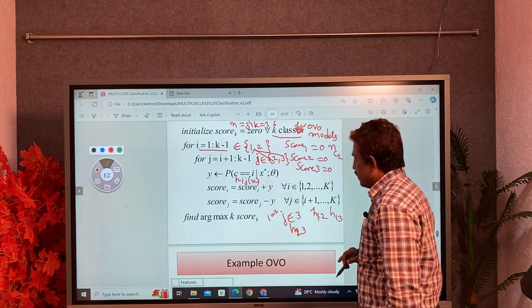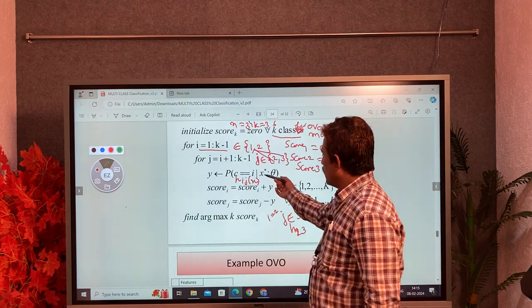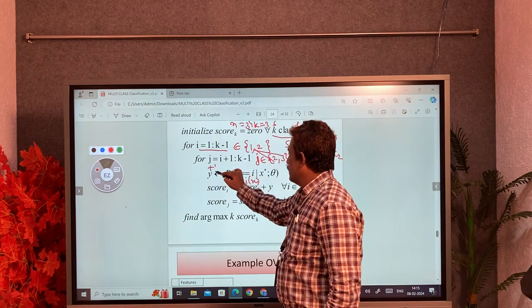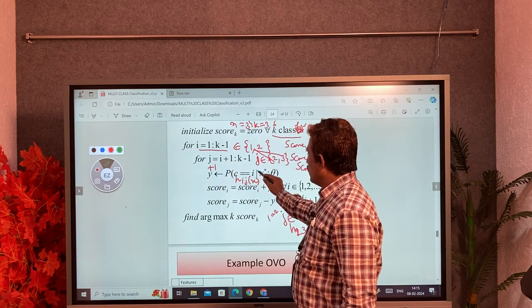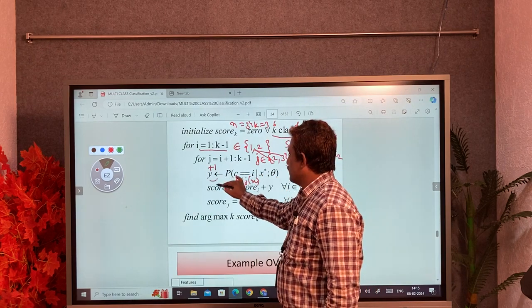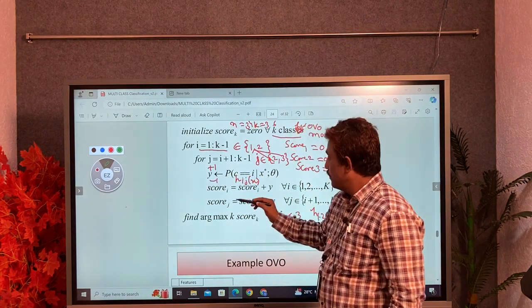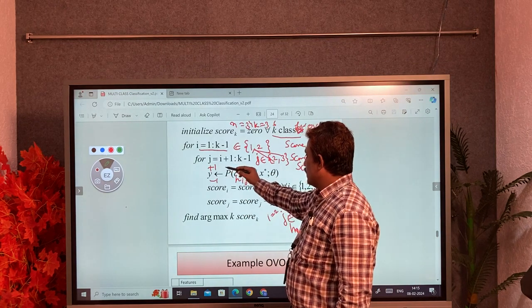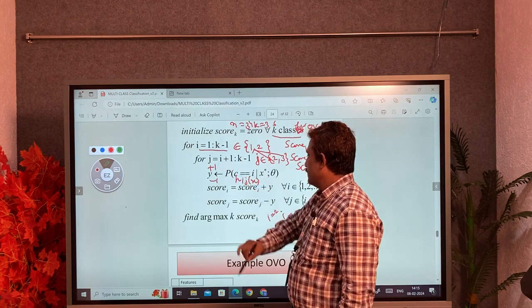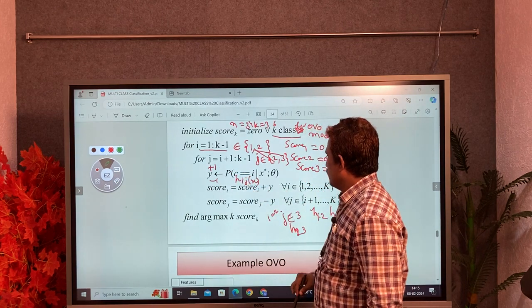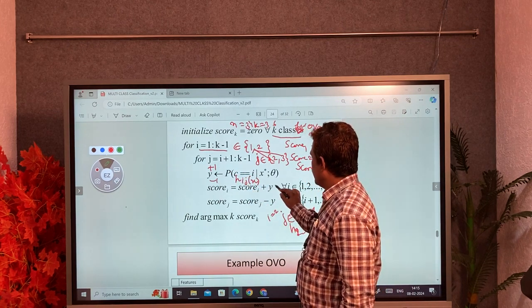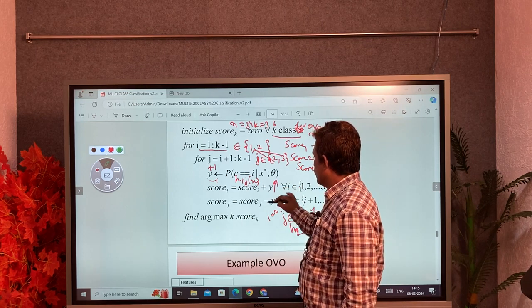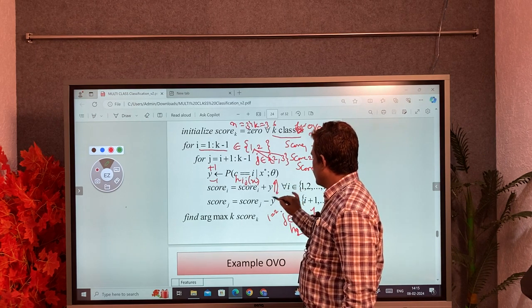Suppose it belongs to the ith class, we will get plus 1 here. Suppose it does not belong to the ith class, you will get minus 1 here. So if it belongs to this class, it is incremented. If y is plus 1, incremented; y is minus 1 means decremented.